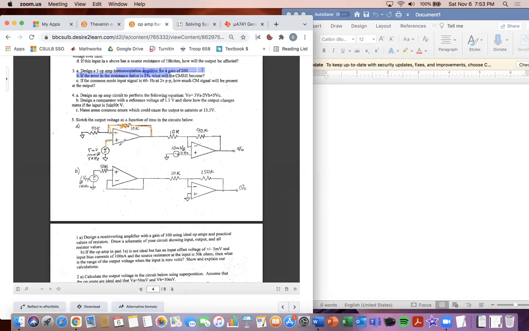And then our second one is connected to the negative terminal. We have another inverting amp here. But if we go left to right, this is going to produce an output voltage.